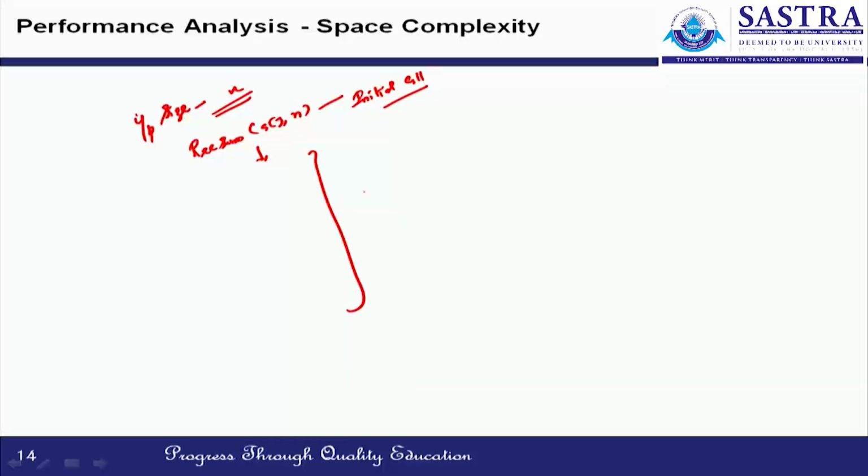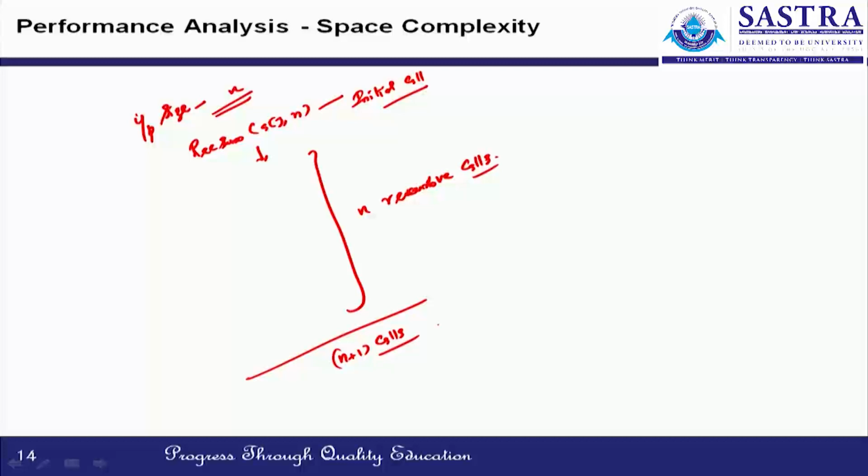calls n recursive calls. So, a total number of calls is n plus 1 calls.